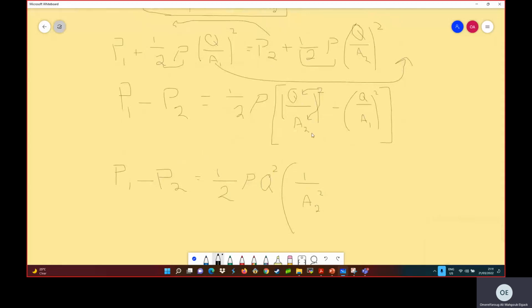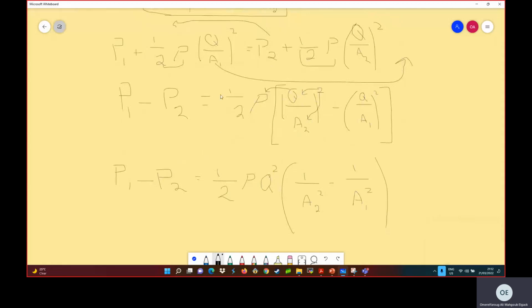First distribute the power, so you have Q squared and A2 squared, and here you have Q squared and A1 squared. Then Q squared, take it as a common factor with rho and half. Okay, so you have 1 over A2 squared minus 1 over A1 squared.